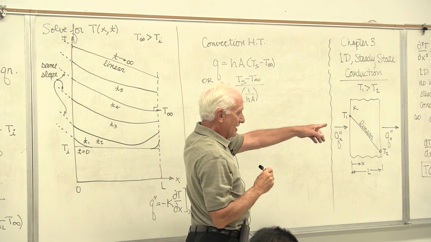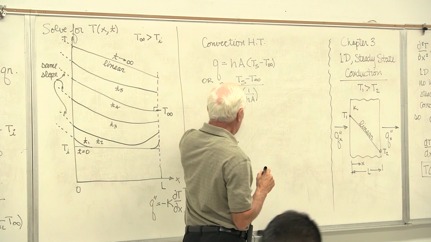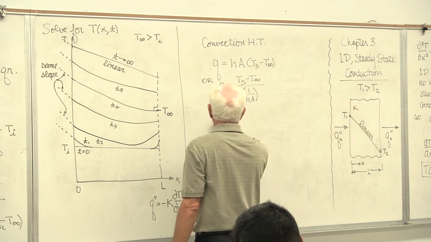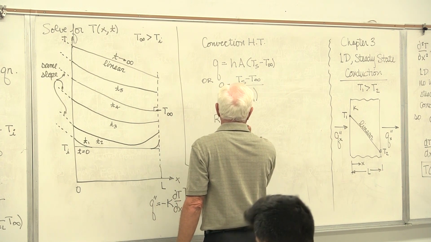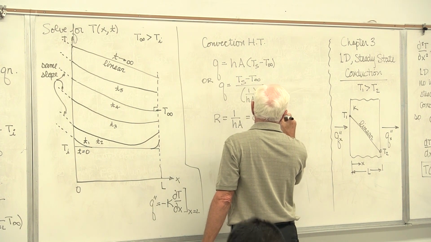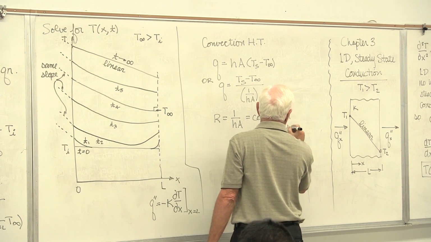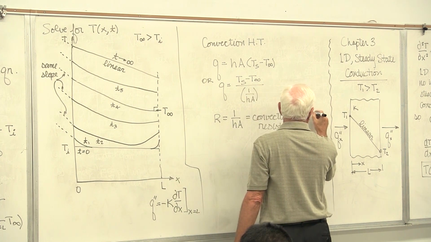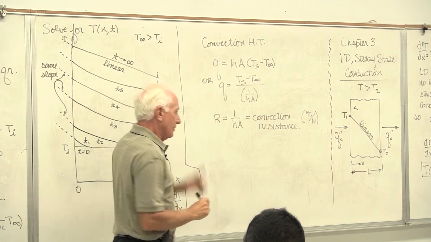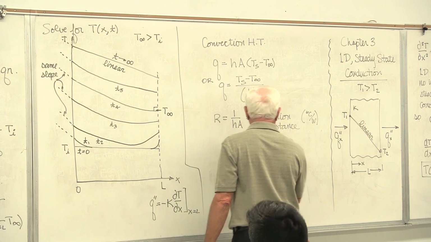Analogously, looks like Ohm's law. Therefore, I think that must be something like a thermal resistance. Yeah, it's called the convection resistance. The units, oh yeah, they're still degree C per watt, the same as conduction. You want to draw the picture? Same thing. You've got a resistance model now.